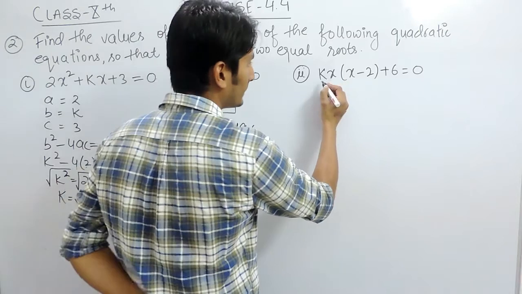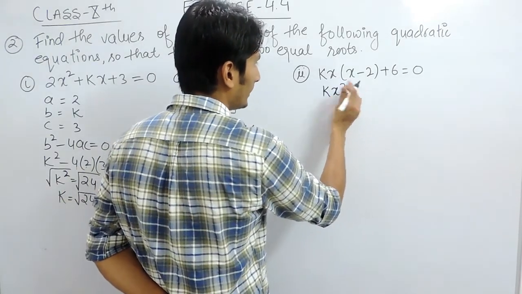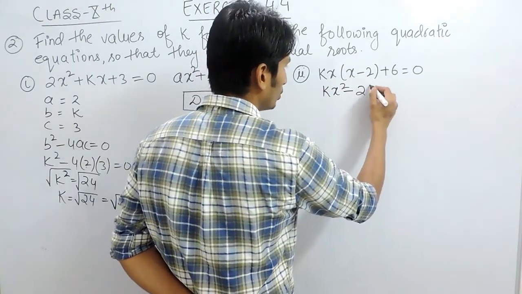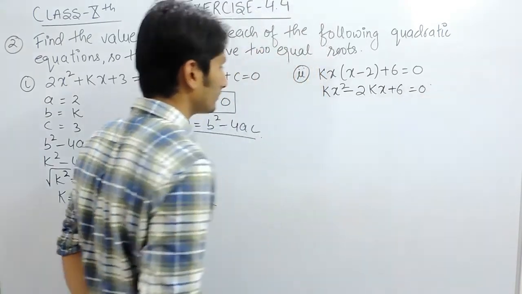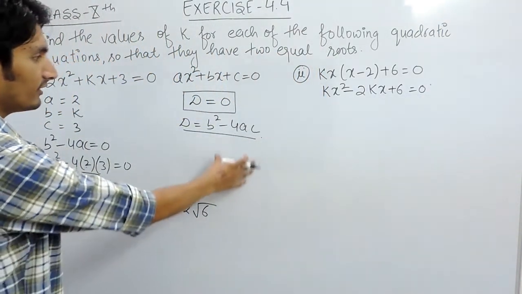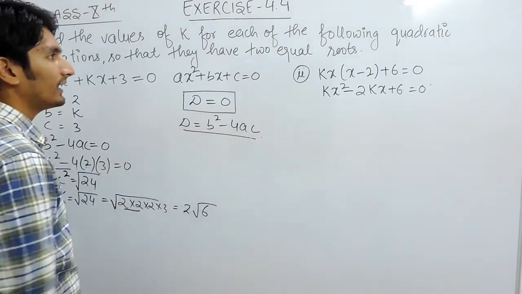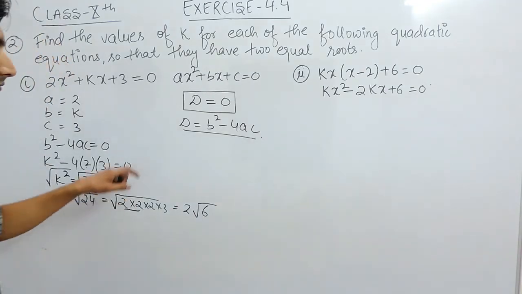First of all, open the bracket. So kx will be multiplied by x, it will be kx square, and kx will be multiplied with minus 2, which will be minus 2kx, plus 6 equals 0. Now again, if we find the value of the discriminant, and if it equals 0, then the roots will be equal and the value of k can be found.